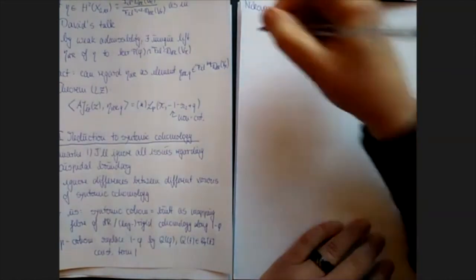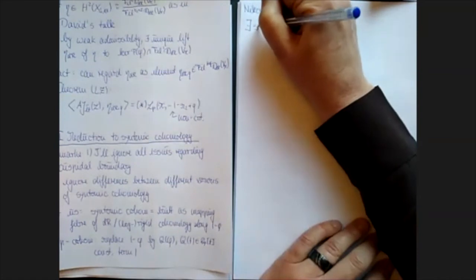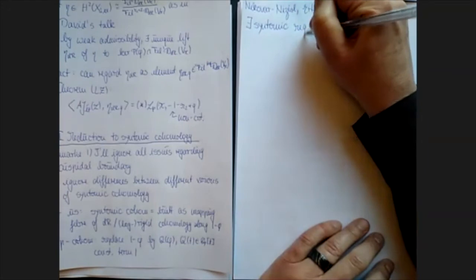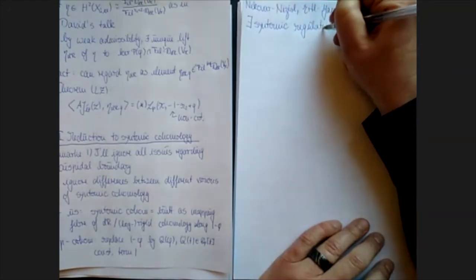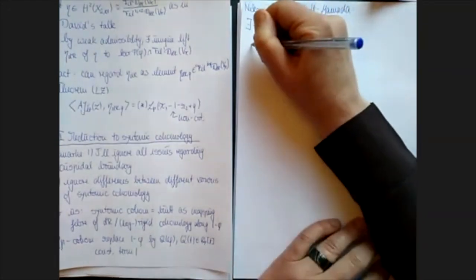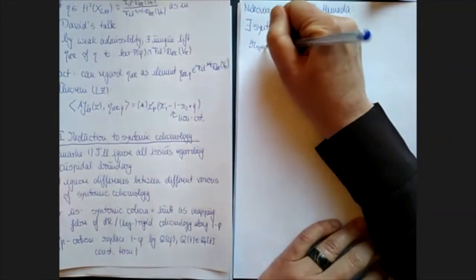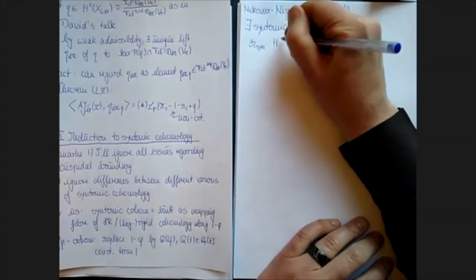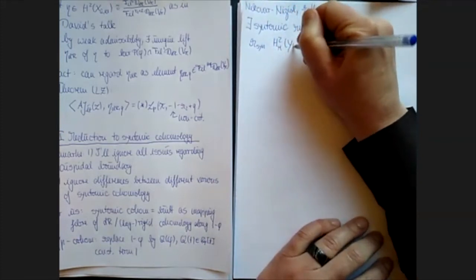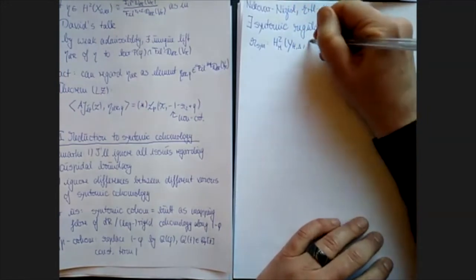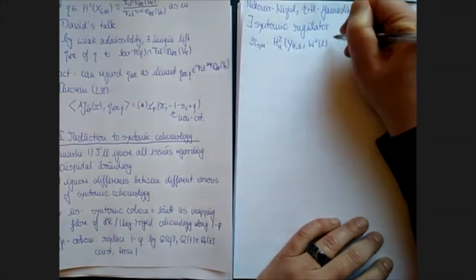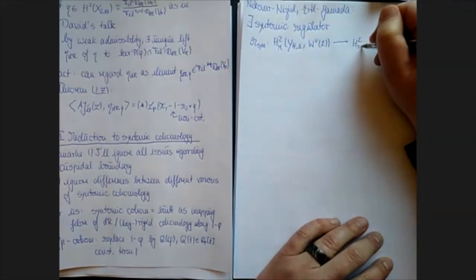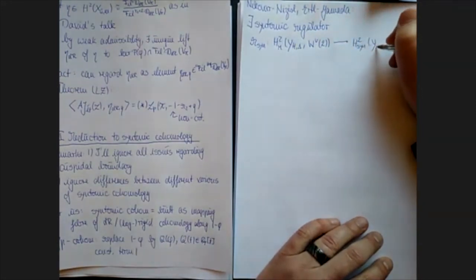Namely that there exists a syntomic regulator map, which I will write R syn, which goes from the H2 motivic of YH delta with coefficients in W dual twist 2 to the H2 syntomic of YH delta.